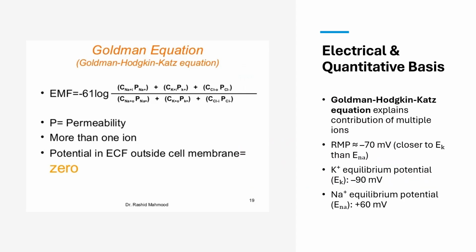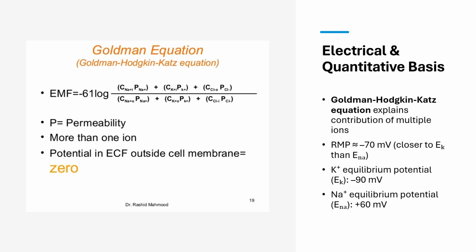Now that we understand the qualitative determinants of the resting membrane potential, let's bring in the mathematics that describe how multiple ions change this silent voltage. The key equation here is the Goldman-Hodgkin-Katz equation, often called the GHK equation. It expands upon the simpler Nernst equation, accounting not just for a single ion, but for the combined effects of potassium, sodium, and chloride, each weighted by the membrane's relative permeability to that ion.